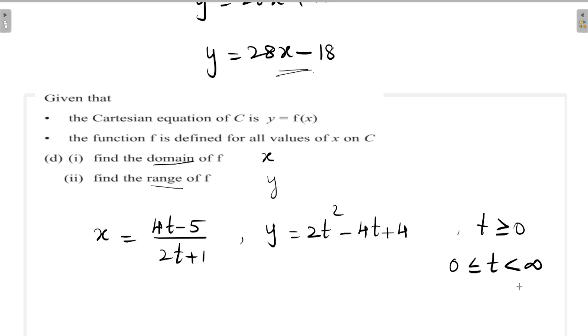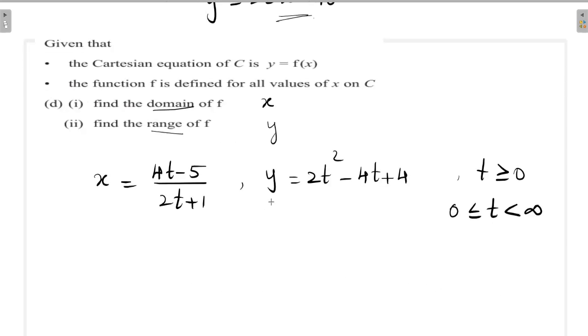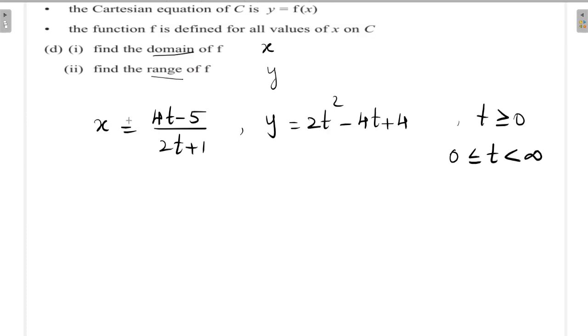All the positive values are possible for t. Now let us find the domain, that is the input value, which is x. When t equal to 0, what is our x? x equal to 4 times 0 is 0, minus 5, by 0 plus 1, which is equal to minus 5. When t equal to 0, x, the input value, is minus 5.